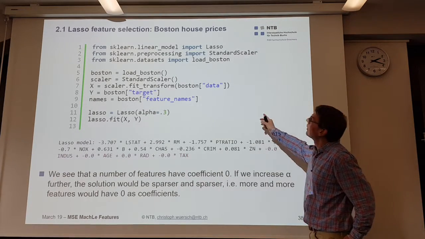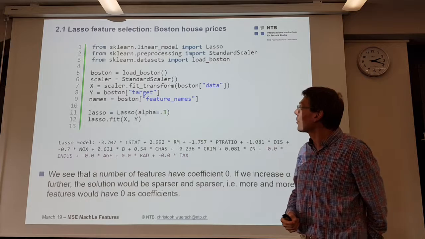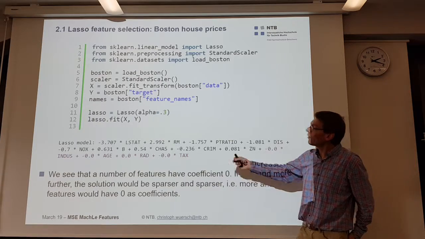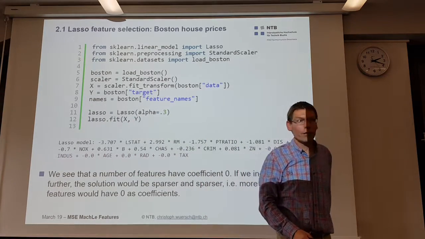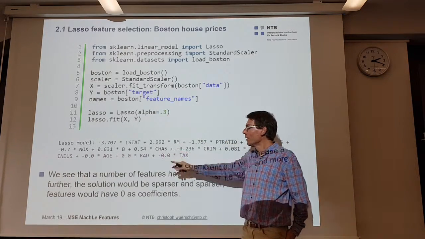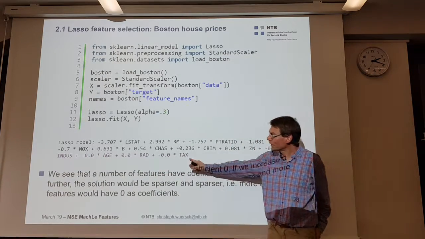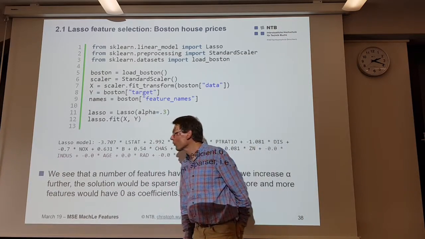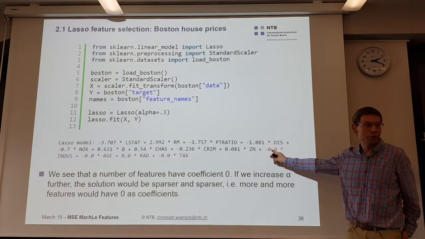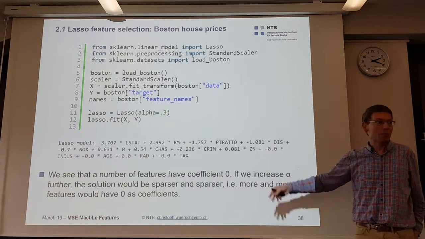Here's an example. We load the Boston data, the Boston house prices data. We do a scaling and fit the linear model using a lasso regression, L1 norm, with a coefficient of 0.3, so lambda is 0.3. What you see in the last line is that tax, rate, age, and Indus fall out because they have a coefficient in the lasso regression of absolutely 0. So in a first approach we can just skip those.